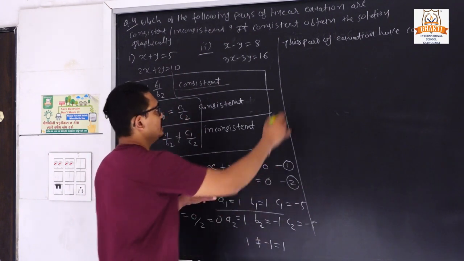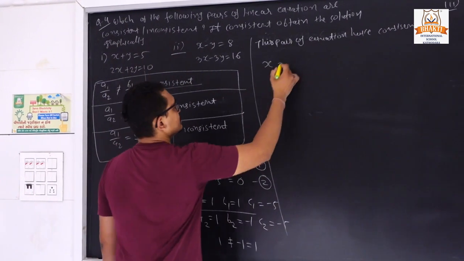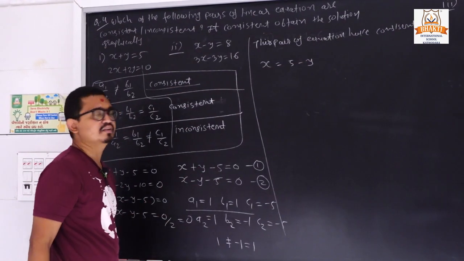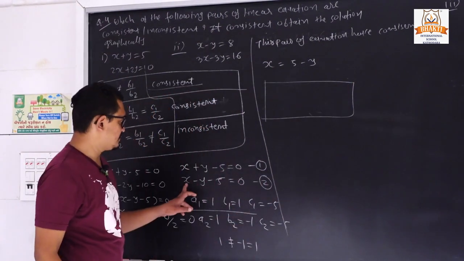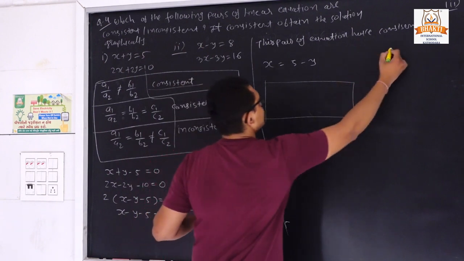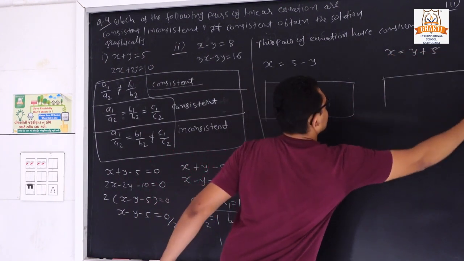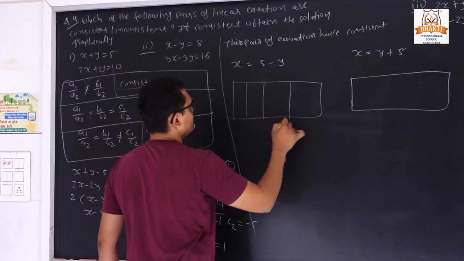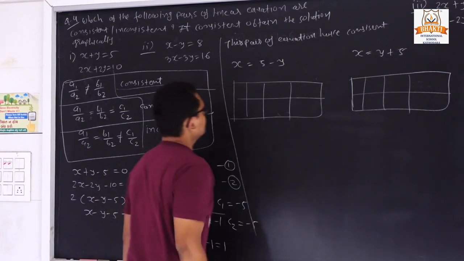So first of all here x is equal to, these both terms going to the second side, so 5 minus y, because this becomes plus and this becomes minus. And for the second equation, if these both go to the second side, they both become plus. Clear? Now we will put different values and find its solution.